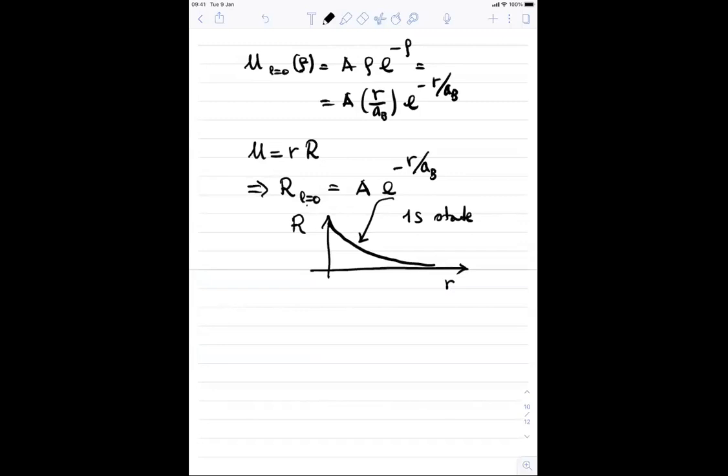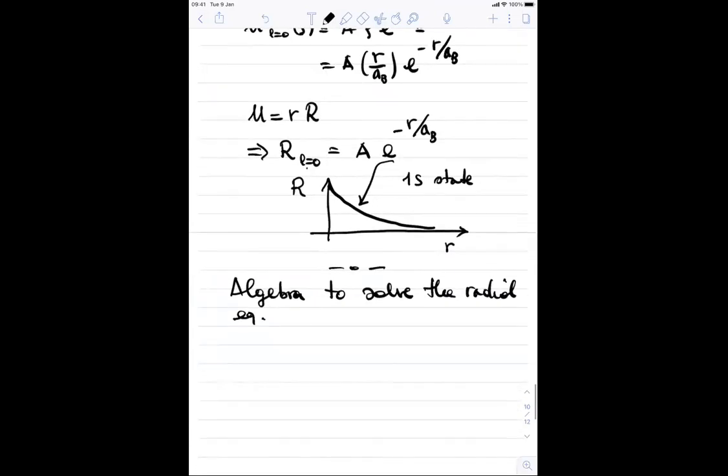So I'll give you the idea, and you try to fill out and do the algebra yourself. So now the algebra to solve the radial equation. It's done on page, say, 89 of the lecture notes.